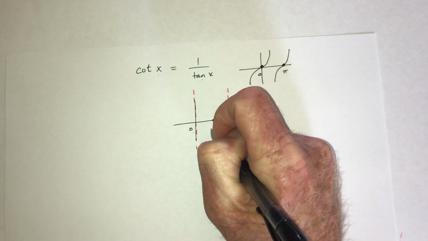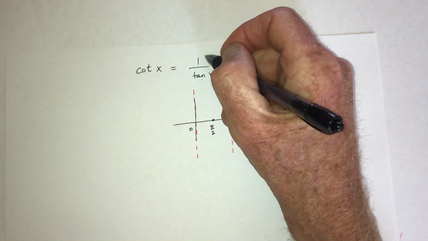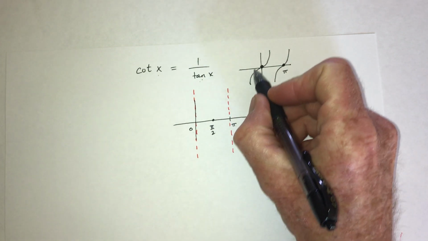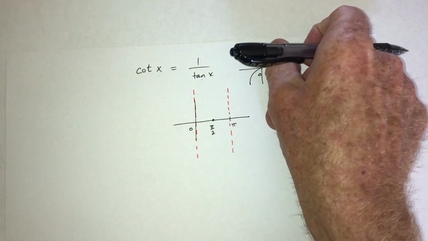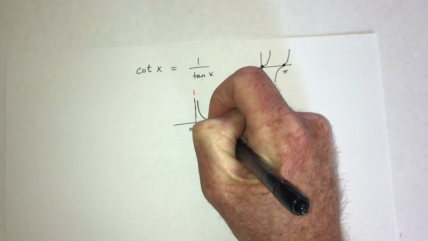Then right here in the middle, that would be pi over 2. And because it's 1 over, then instead of going this direction, it's going to flip it. So it goes this direction instead.